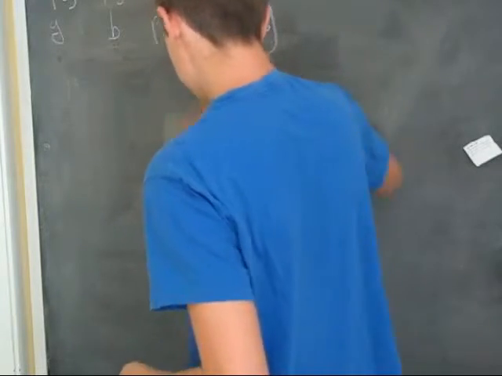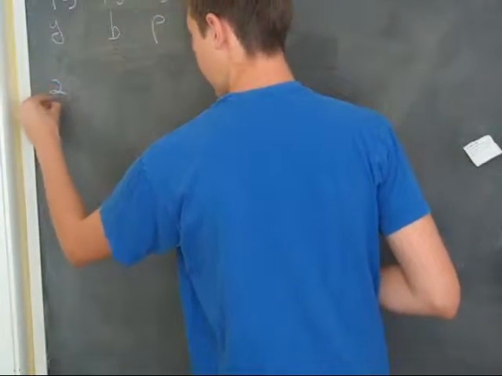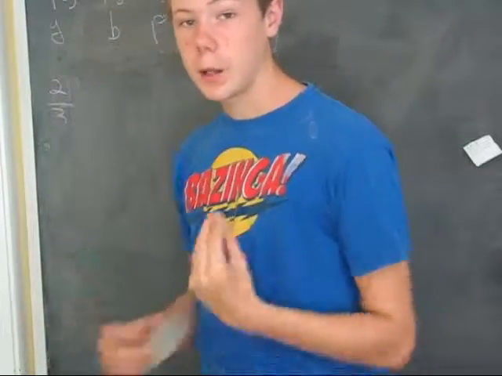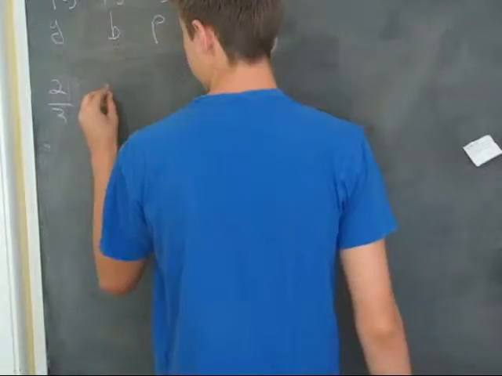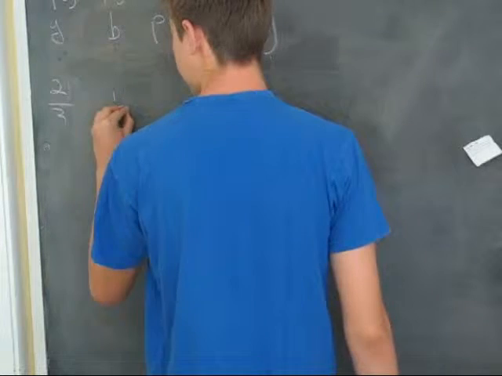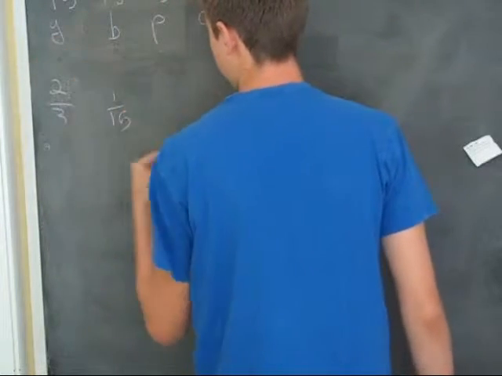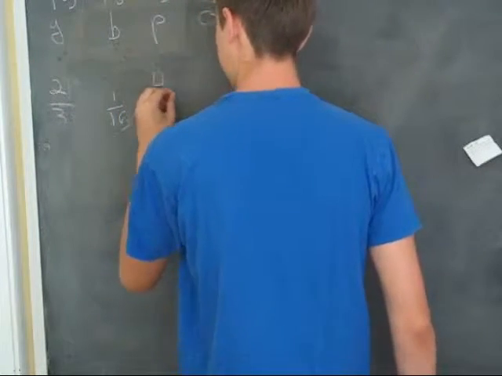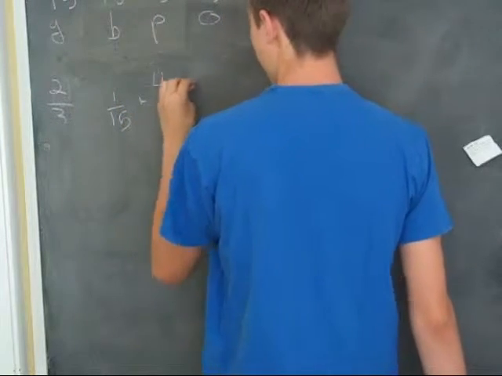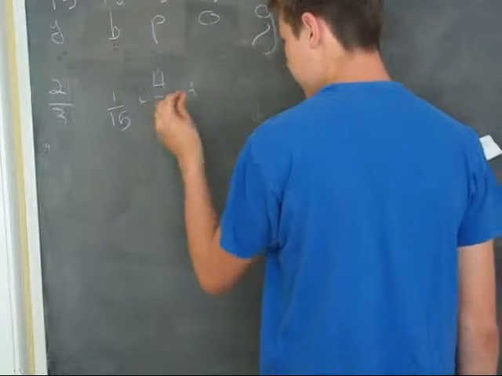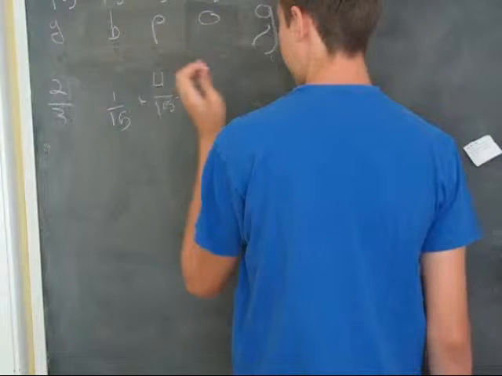So I'm going to put that 2 out of 3 on the side here, and we're going to verify this. I'm going to show you that it actually does work by adding up the probabilities of all the other events, everything except blue and purple. So 1 out of 15 plus 4 out of 15, which is the orange, and then the green is 1 out of 3 times 5 over 5, which is 5 out of 15.